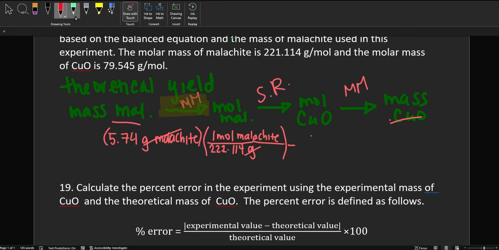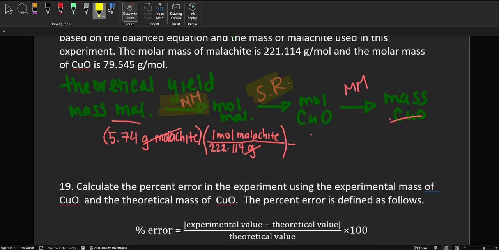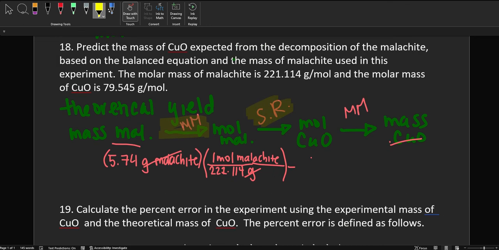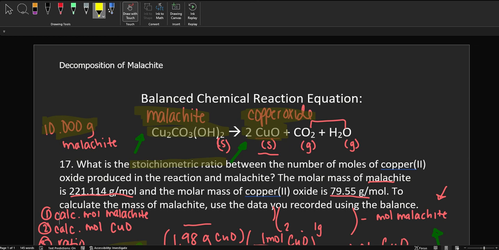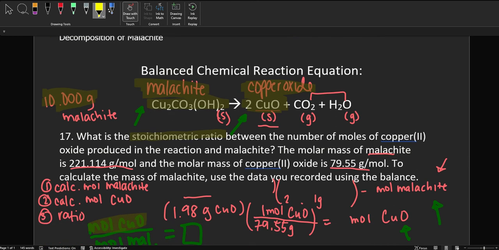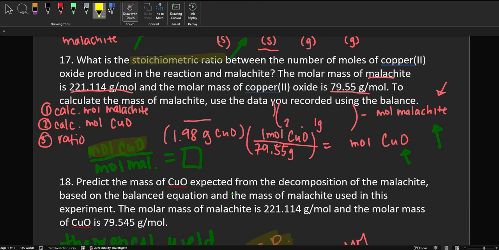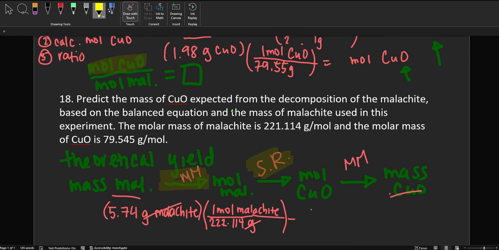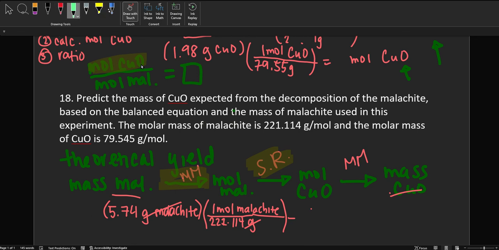What am I doing next? So here, the next step that we planned out was to use the stoichiometric ratio. And guess what? You just found the ratio. So whatever you found will actually go right here. So remember the problem on number 17 gave us that we have 1 mole of malachite.